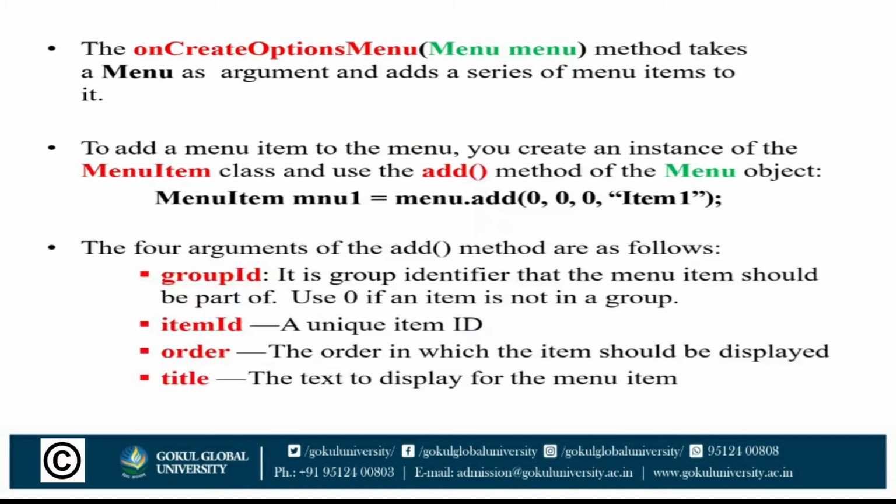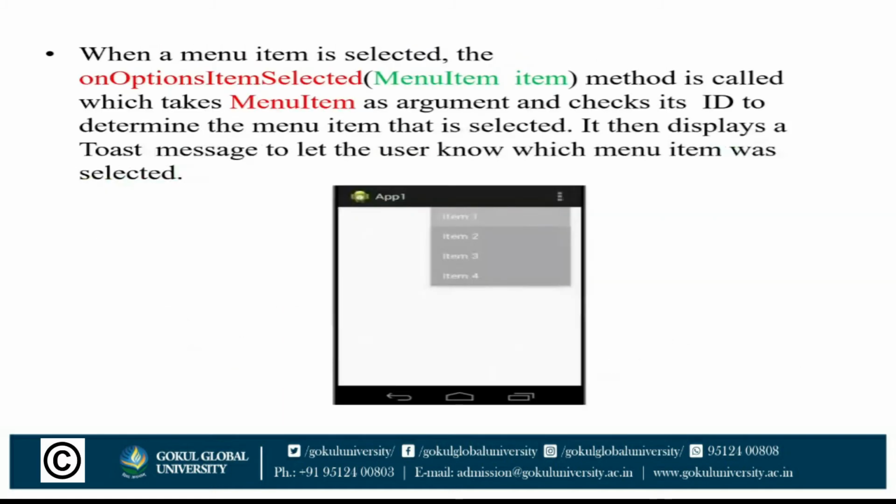The onCreateOptionsMenu method takes a menu as an argument and adds a series of menu items to it. To add a menu item to the menu, you create an instance of the MenuItem class and use the add method of the menu object. The four arguments of the add method are as follows. First one is group ID.